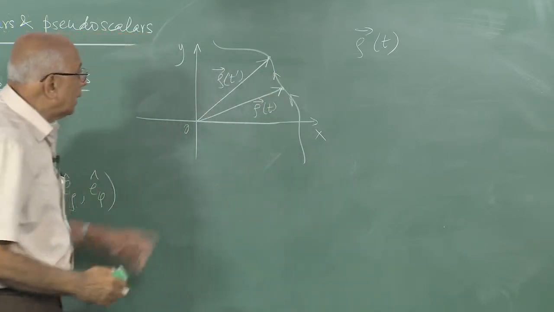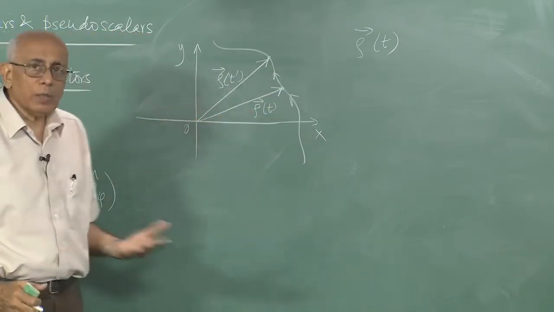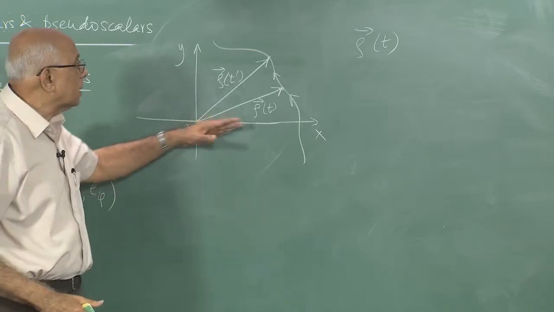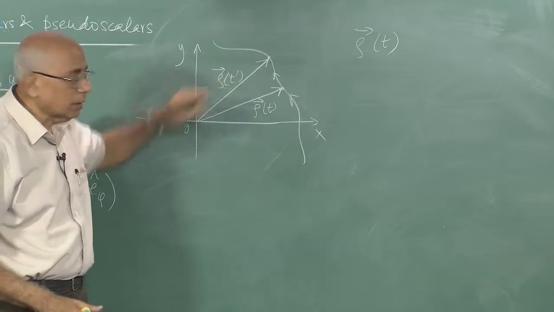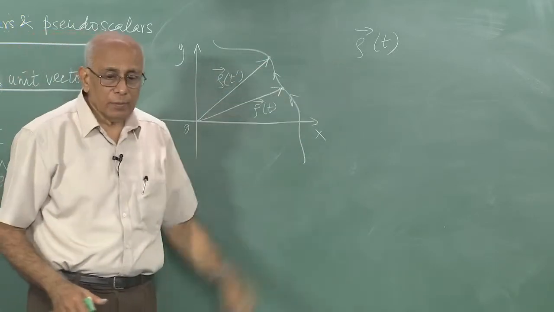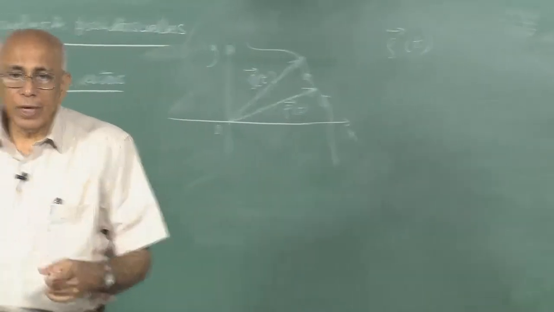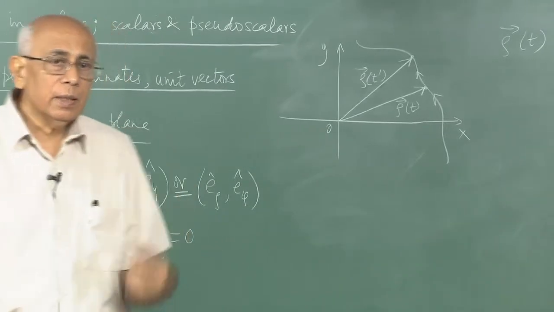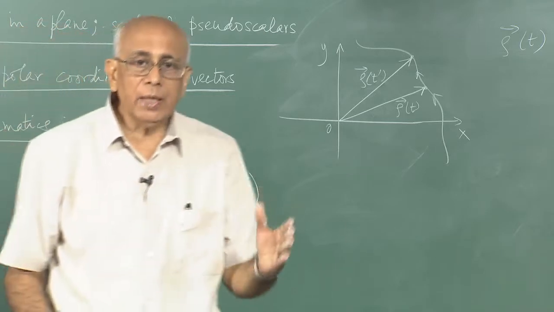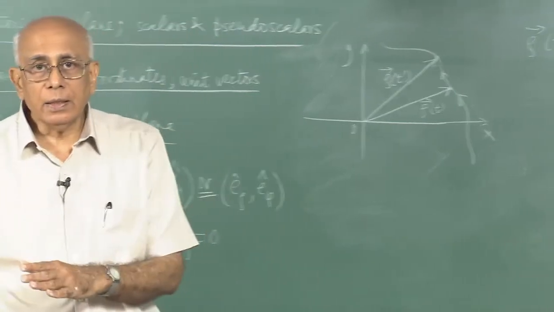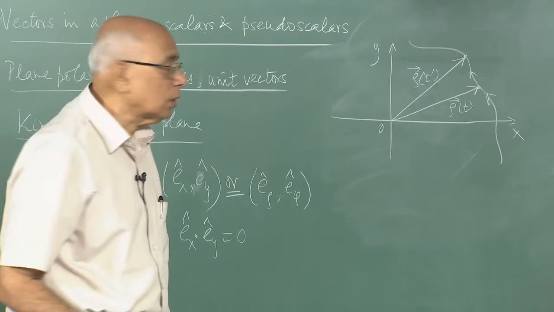Then it differs from rho of t in two possible ways. One is its direction is different in general, and the second is its magnitude is different in general. So when I say the velocity, which is the rate of change of rho with respect to t, you have to take into account both factors, the fact that its direction may change as a function of time and that its position may change as a function of time.